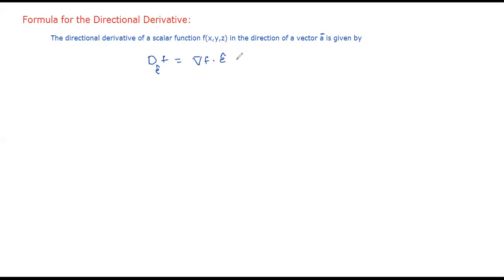What is e cap? E cap is nothing but a bar by mod a bar, so it is del f dot a bar by mod a bar. This is also denoted like this, df by ds, where s is the arc length.